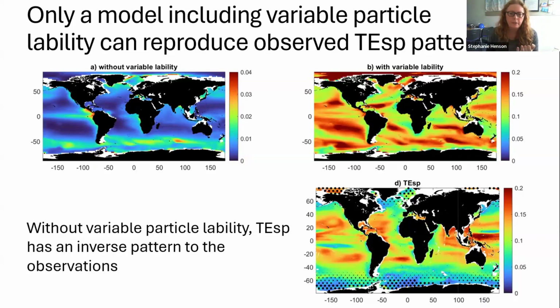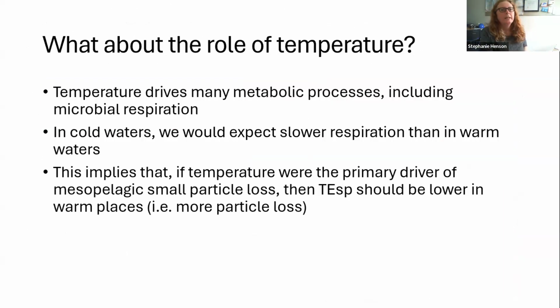So temperature, of course, controls metabolic rates to a large extent. And so we would expect that at high temperatures, low latitudes, we'd have greater remineralization, just on the basis of temperature alone. So cold water's slower respiration, warm water's higher respiration, if temperature was the main thing, the only thing.